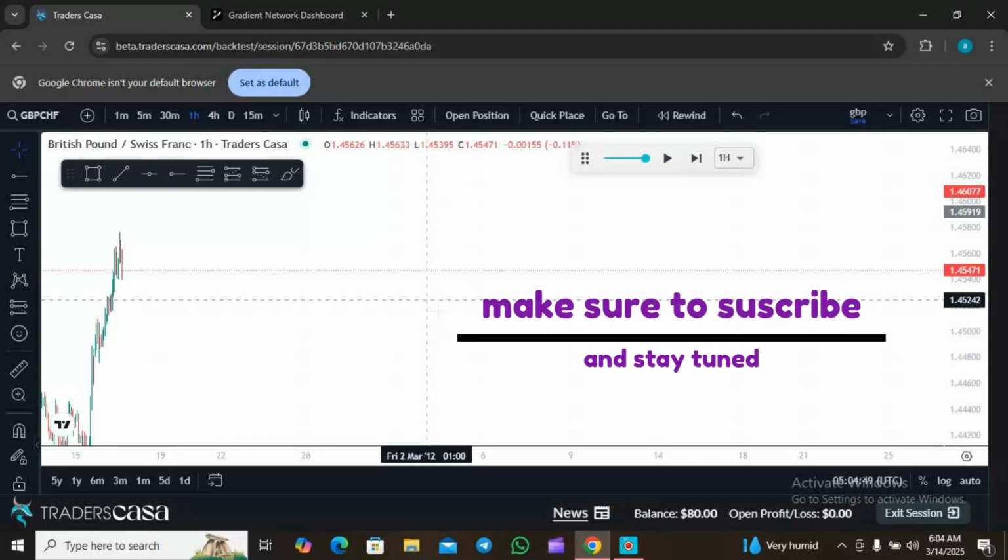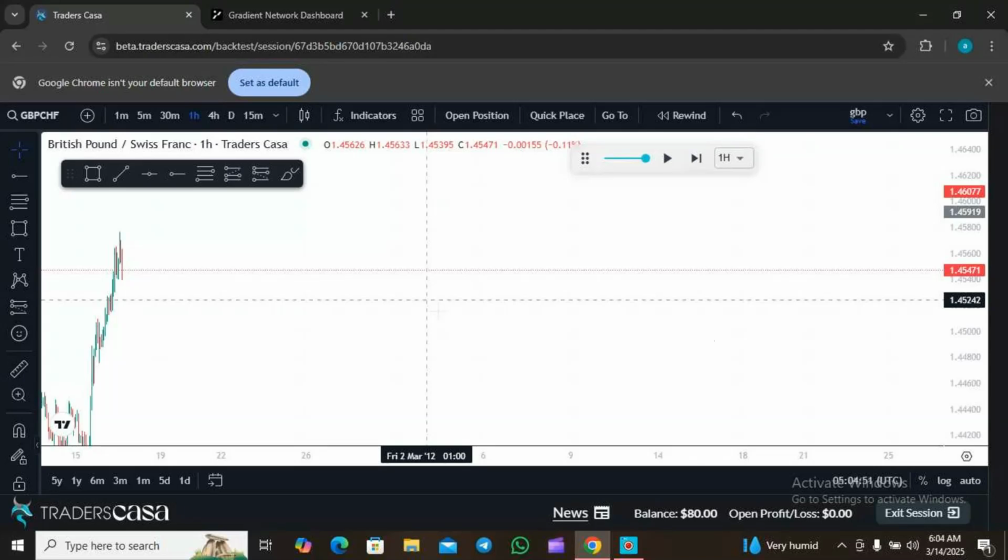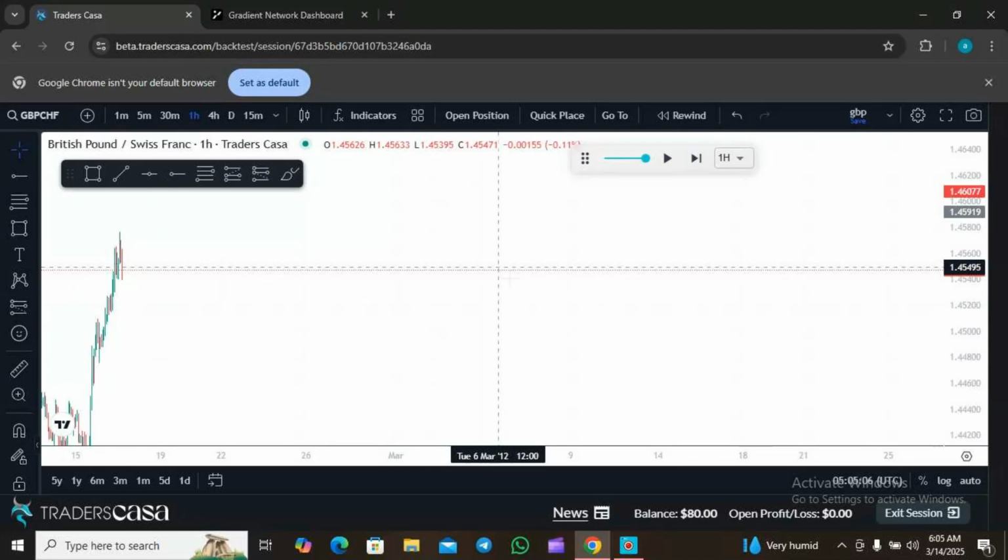Most times some of you get confused on how to identify a structural liquidity, whether it must have a sweep or must not have a sweep, right? So today I'm going to be explaining structural liquidity with no sweep.